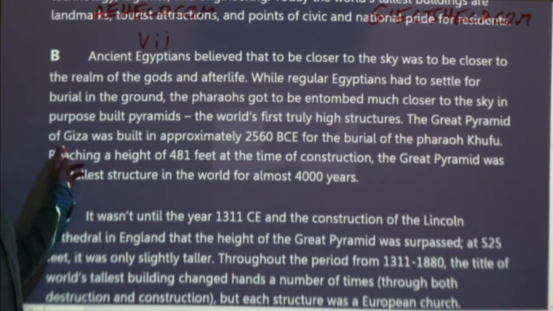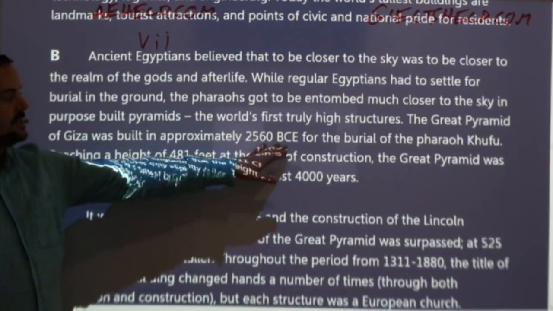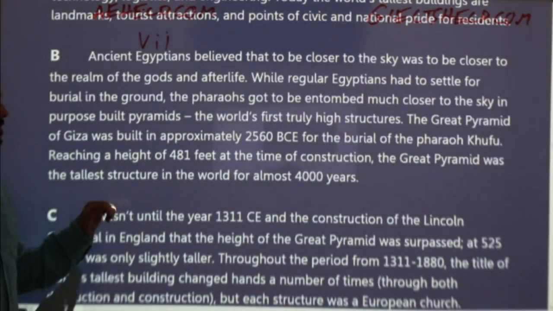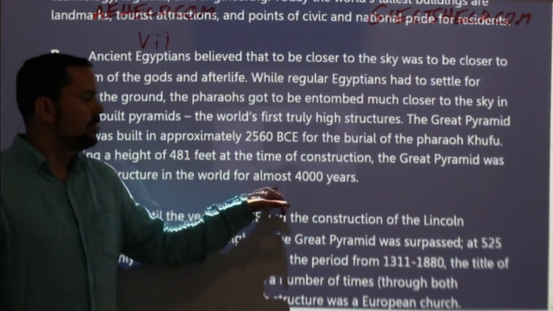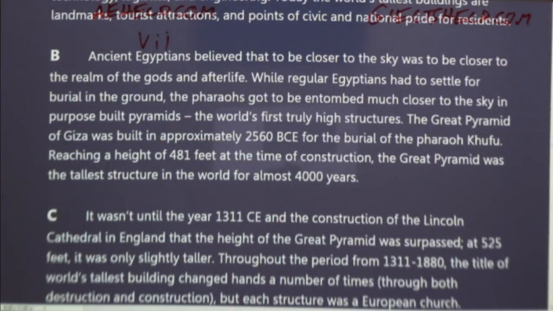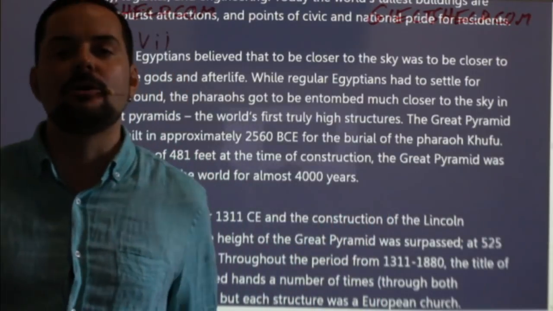The Great Pyramid of Giza was built in approximately 2560 BCE for the burial of the pharaoh Khufu, reaching a height of 481 feet. At the time of construction, the Great Pyramid was the tallest structure in the world for almost 4,000 years. What is this paragraph about?